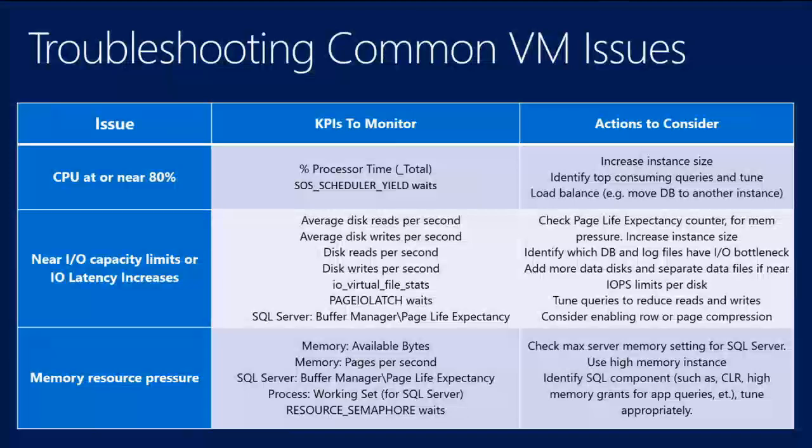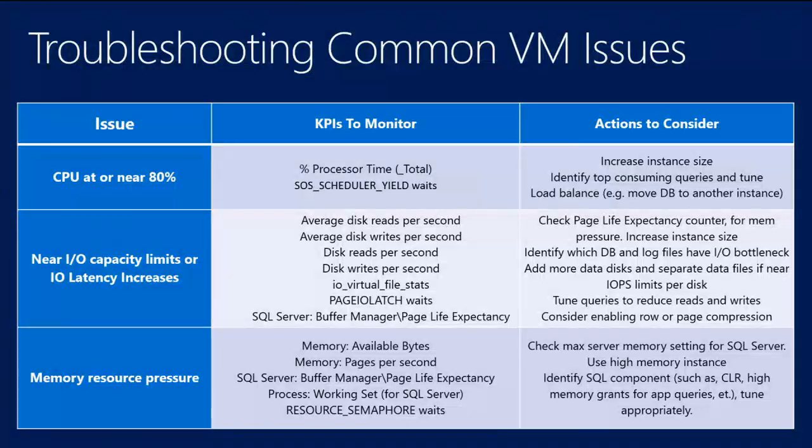So 3 issues that are fairly common in a VM. They may be fairly common generally, but particularly running in a VM, depending on how you've configured it. Let's suppose your performance is running slow and you don't actually know at this point what the issue is.